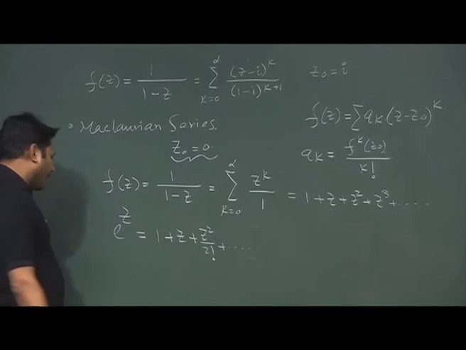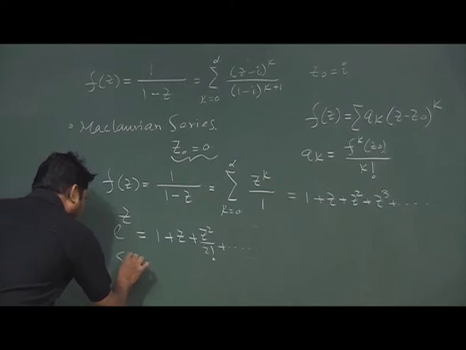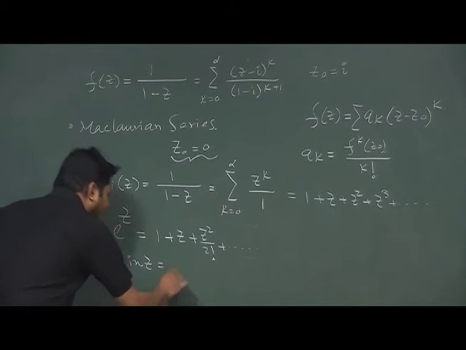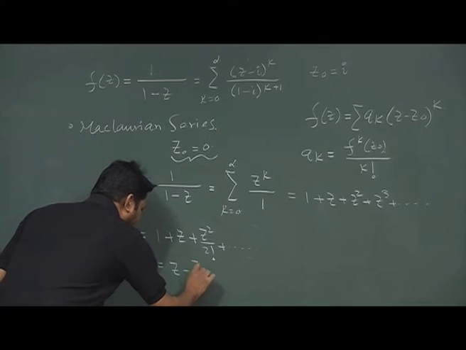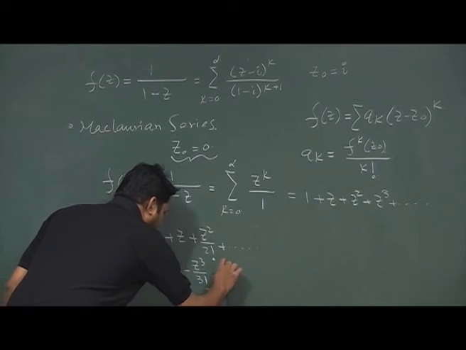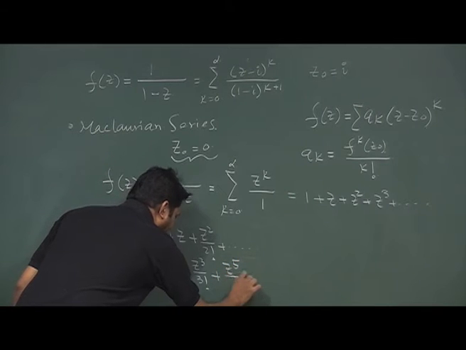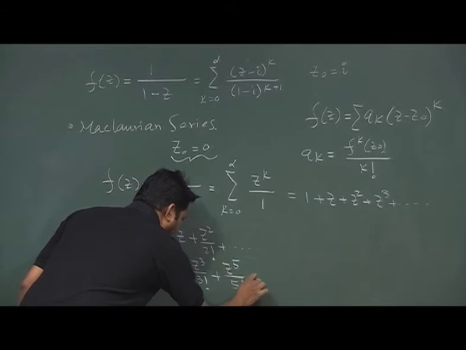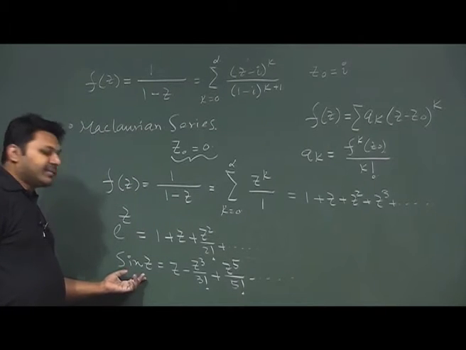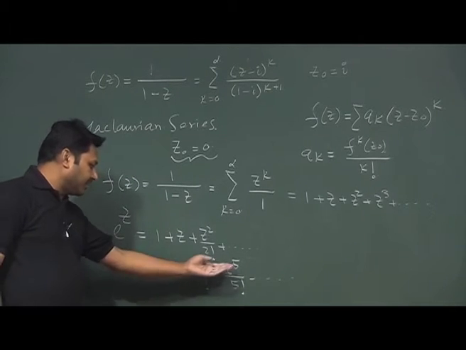Also, in the same way I can expand sine of z, which is z minus z cube divided by factorial 3 plus z to the power 5 divided by factorial 5 and so on. Again, my sine z expansion is exactly the expansion you all know.